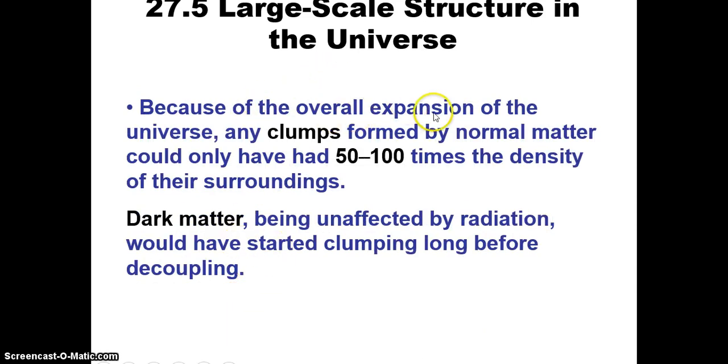All right, so anyhow, let's see. So in the overall expansion of the universe, any clumps, we should see some kind of clumpiness. And in fact, we think that this really has to do with the dark matter, right? So dark matter is not affected by electromagnetic radiation. At least we don't know about any kind of effect.